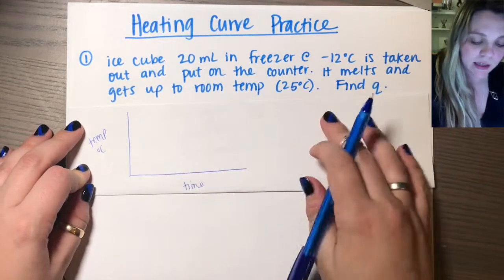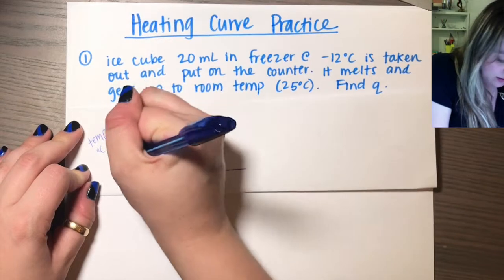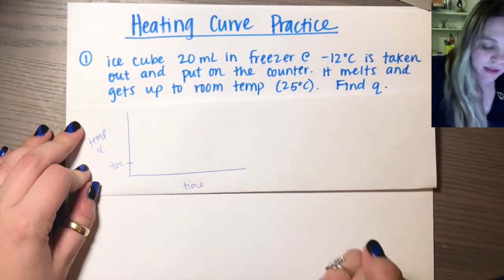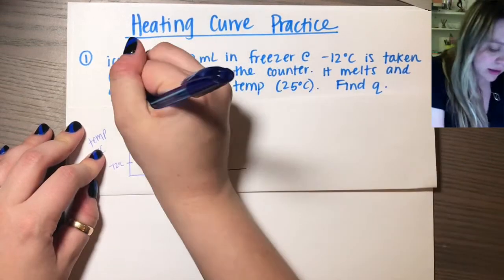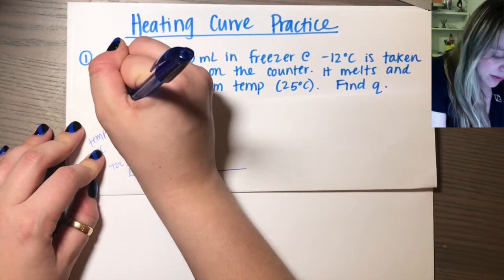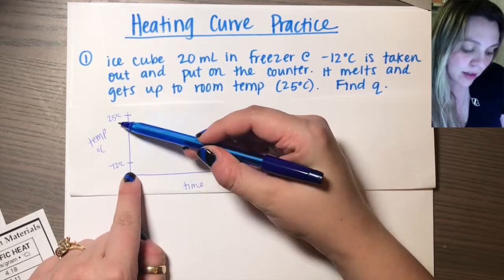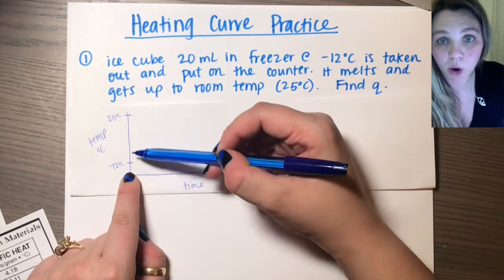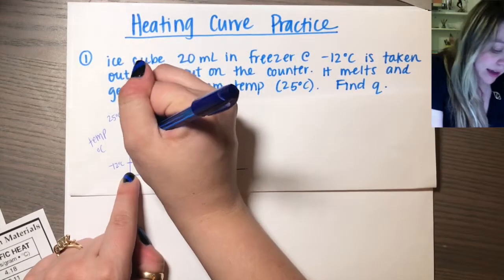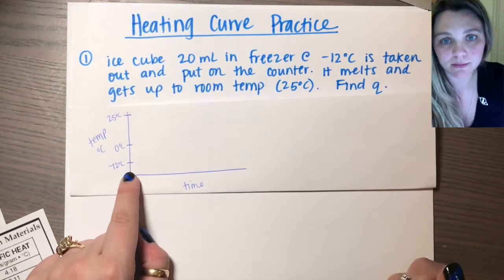And initially, I'm dealing with water, right? I start at, right here, negative 12 degrees Celsius. And it wants me to heat up all the way to 25. So I'm going to get up eventually to 25 degrees Celsius. However, in between negative 12 and 25 degrees Celsius, something happens to water. At 0 degrees Celsius, water melts.